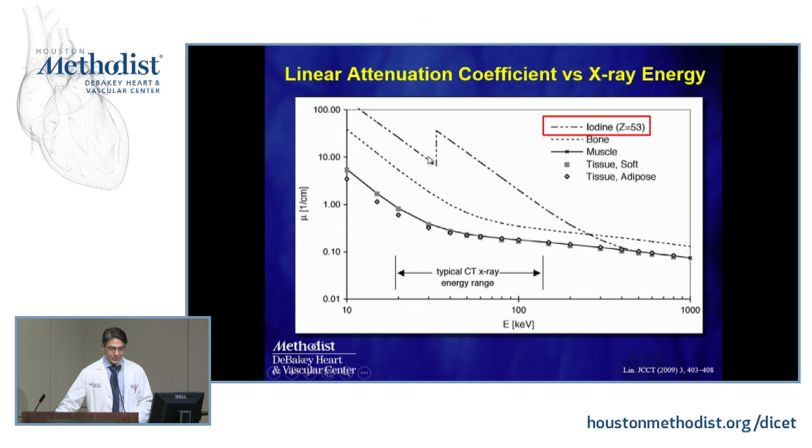But what I wanted to show you was, notice what happens. We generally image around 120 kVp. Notice what happens as you go down in kVp. Your linear attenuation coefficient, the amount of attenuation that you have, actually improves with the lower energy photon that you're delivering. You're more in what they call the K zone of iodine.